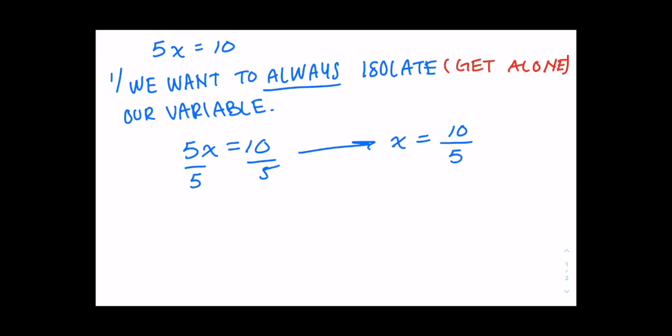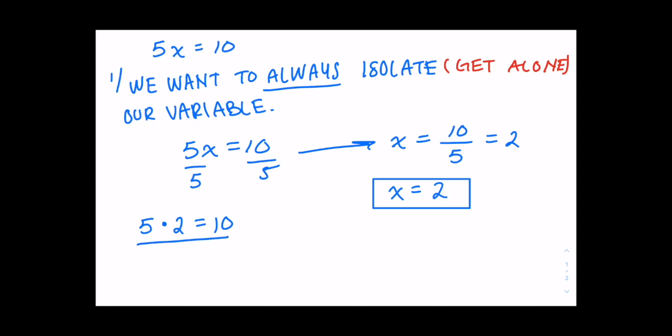And we know that 10 over 5 equals 2. So in this instance, x is equal to 2. We can confirm this by plugging back into our original equation. 5 times 2 equals 10. And if this equation holds true, then x equals 2.